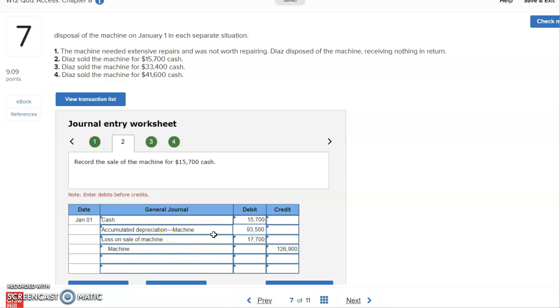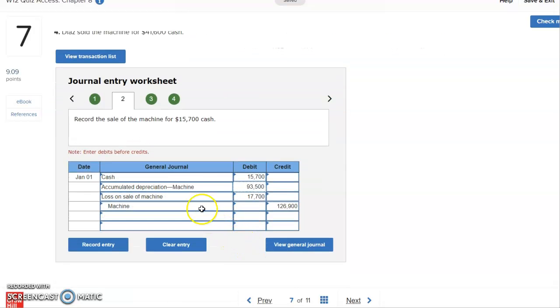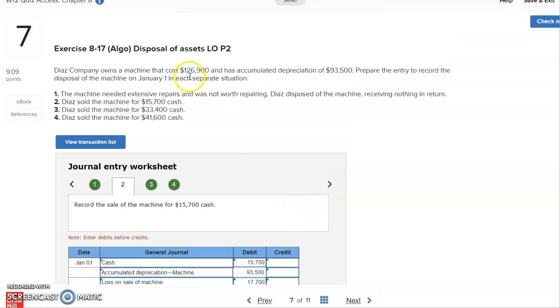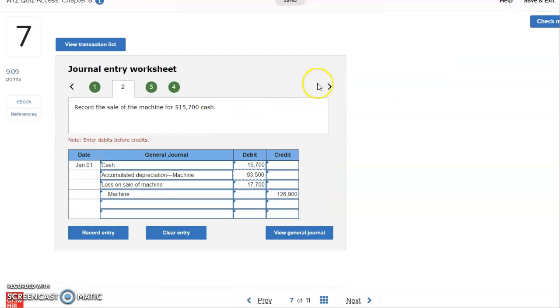So to get that, you will add these two together, 15,700 plus 93,500, which will give you a number that you subtract from 126,900. And that will give you the value for the last debit here on the loss on the sale of the machine. And then simple for the last credit, it's the machine price at 126,900 from up here.